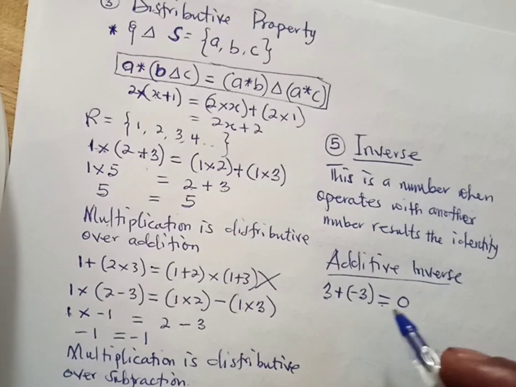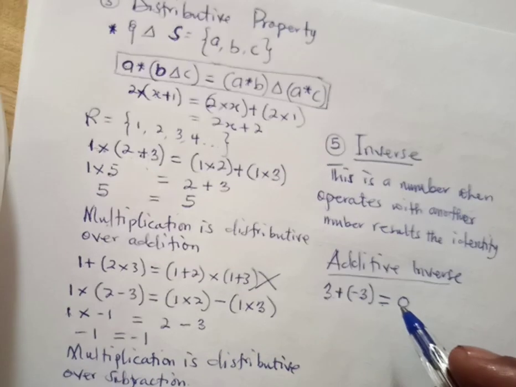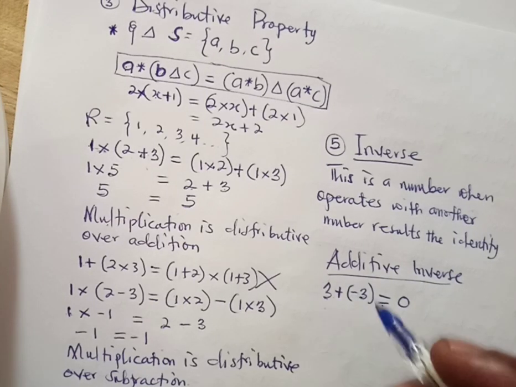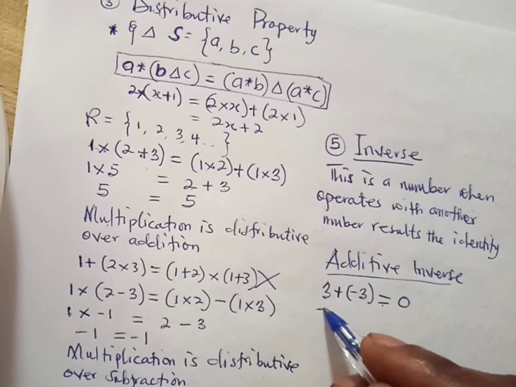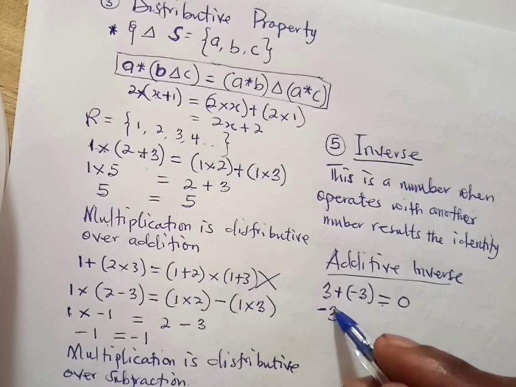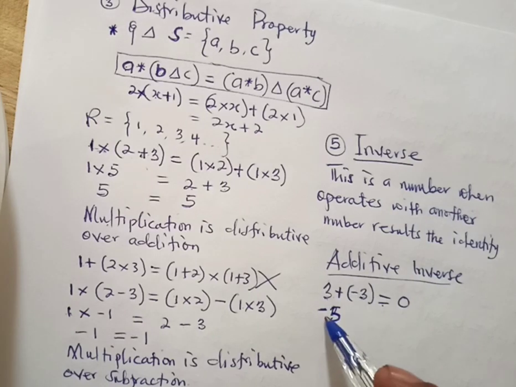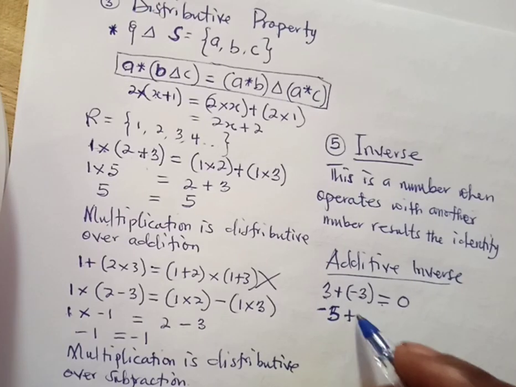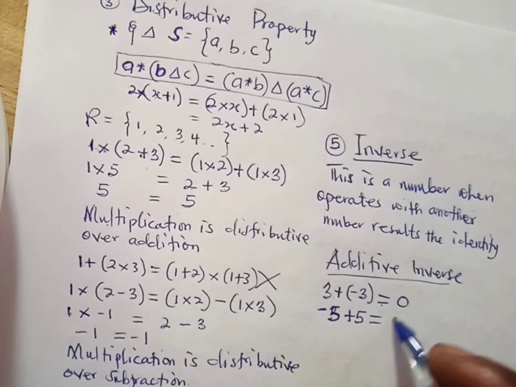Now, if I give you negative 5, what should I add to negative 5 to get the identity number? If I add 5 to it, I get 0.